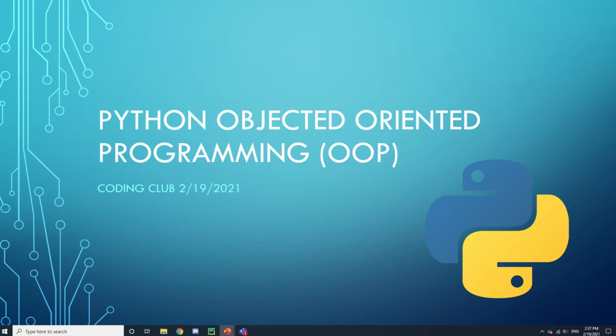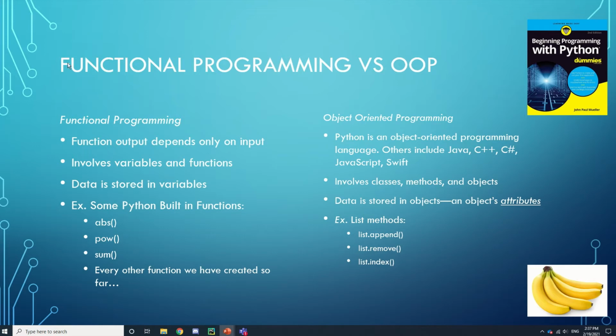We've been working on Python basics throughout the year, going over how to declare variables, what strings are, what different kinds of variables are, how to declare functions, and that has all been under the umbrella of functional programming. OOP is the abbreviation for object-oriented programming.